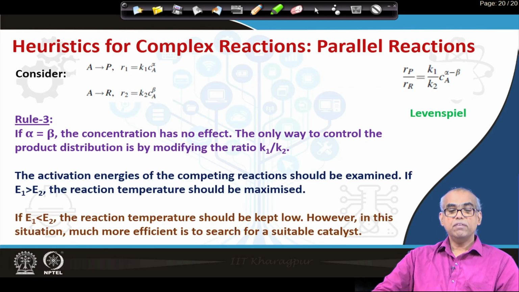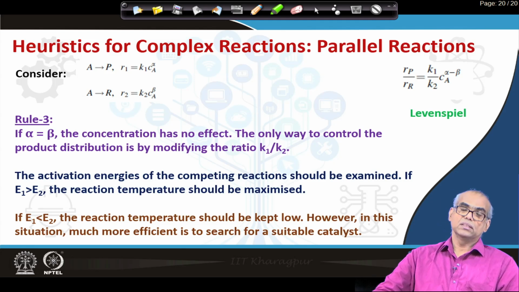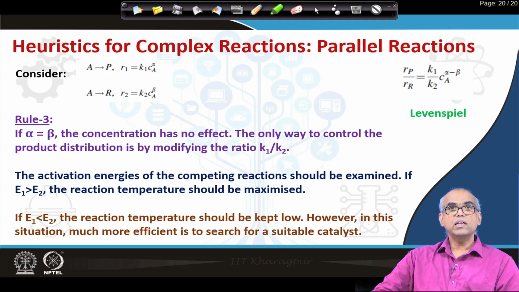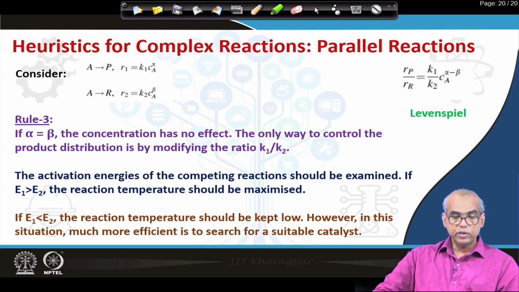Rule 3, if alpha equal to beta, then the concentration will have no effect. The only way to control the product distribution is by modifying the ratio k1 by k2. The activation energies of the competing reactions should be examined then.